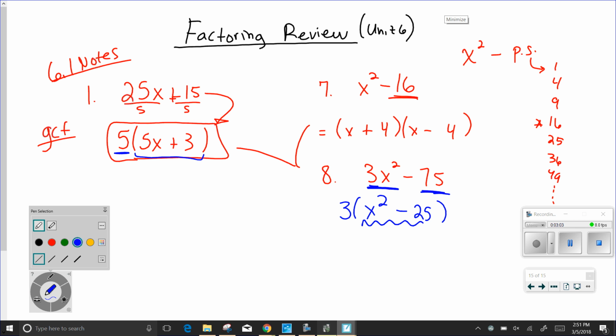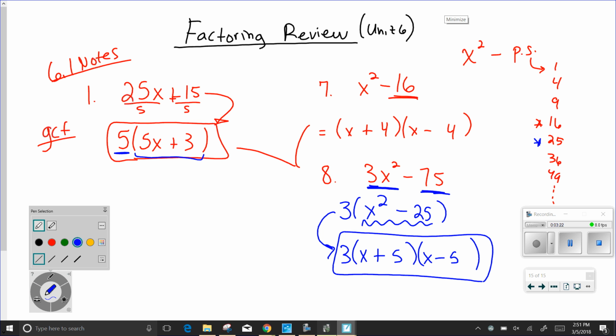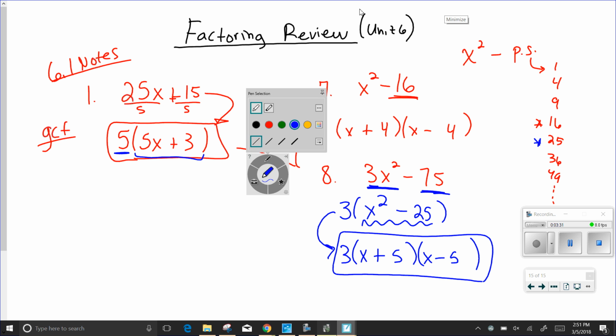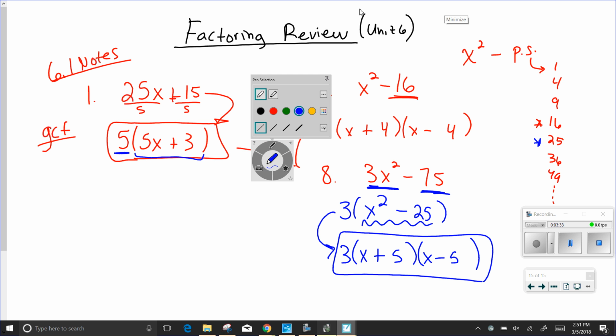And now this is a difference of squares. We have our special case. 25 is a perfect square, the square root of that is 5. So then this can go one step further: 3 times x plus, x minus, the square root of 25 is 5. And that is your complete factoring. Okay, so those are the two types of problems that we deal with where you have two terms. It's either a greatest common factor or it is a special case.